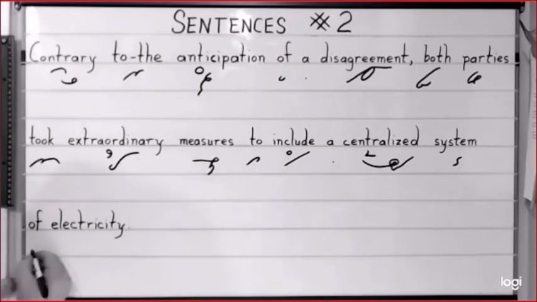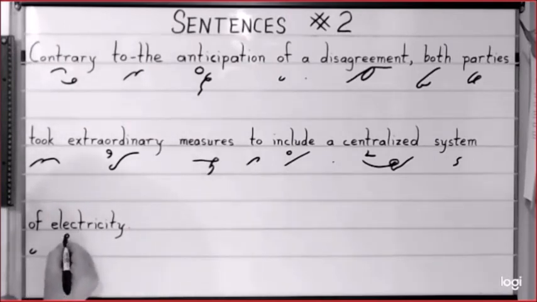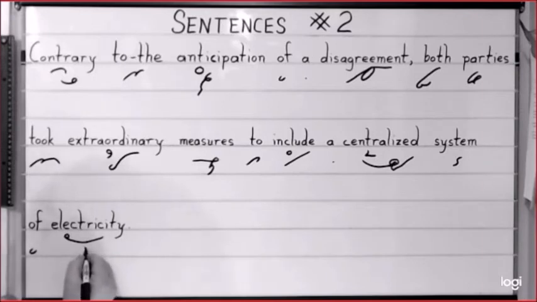Of is the O, and electricity is E, L, and then an S underneath for the disjoined suffix city, and then a period.